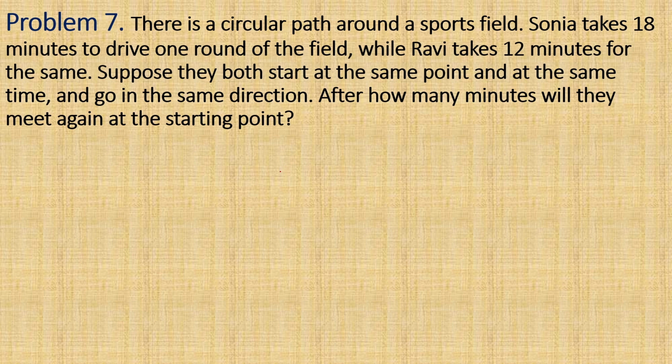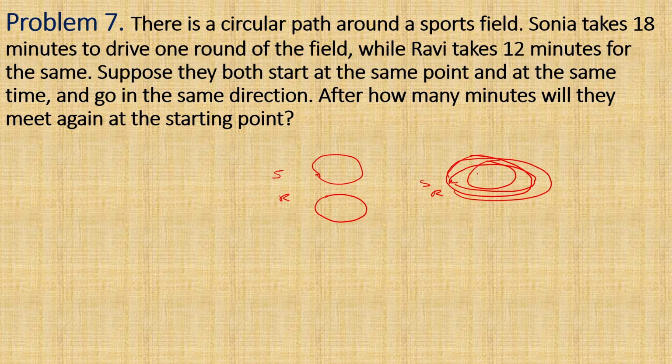What it has written: Sonia started at this point and Ravi also started at this point, and they are moving in the same circular path. Okay, so I write this is the path, both are starting here, Sonia and Ravi. Sonia is taking 18 minutes to complete and Ravi is taking 12 minutes to complete.